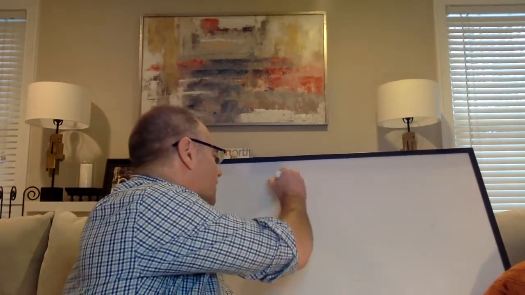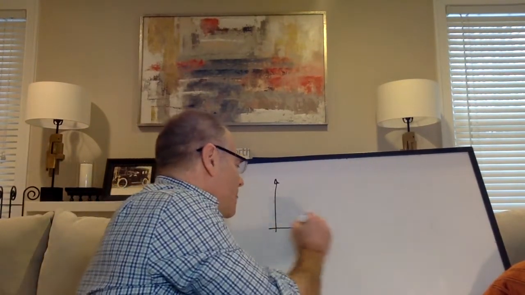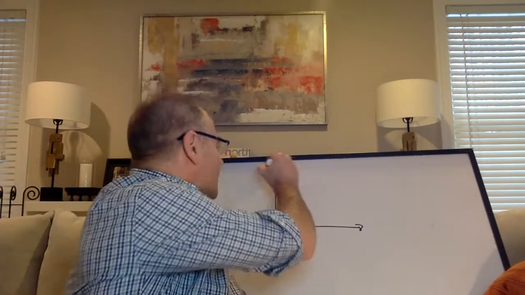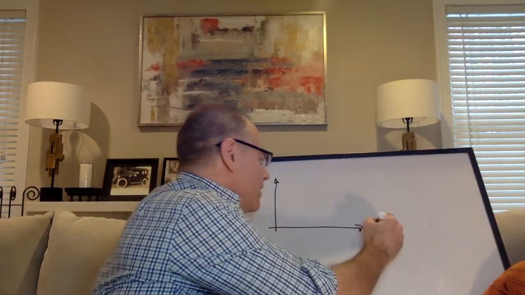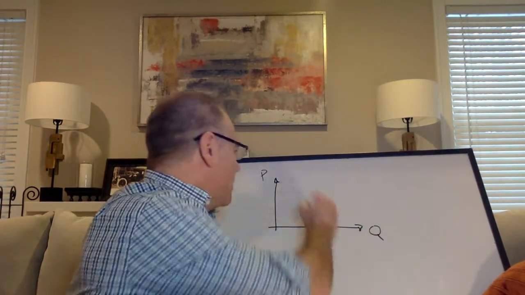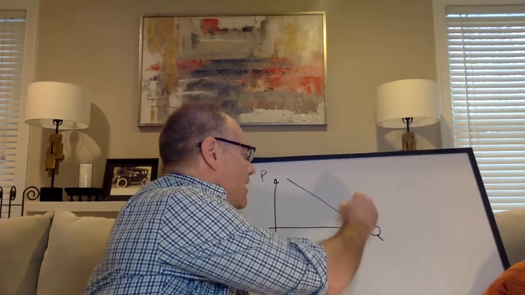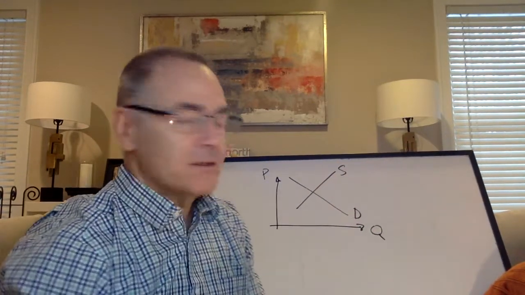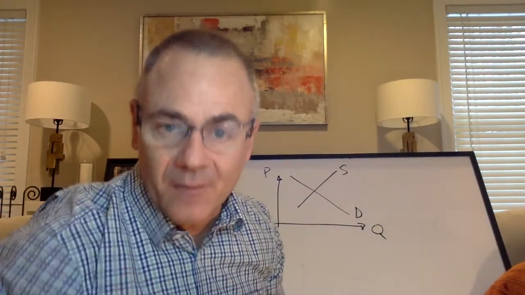So here's what that means. If this is the industry, supply and demand for wills, we've got price on that axis, quantity on that one. The demand slopes down. The supply slopes up.